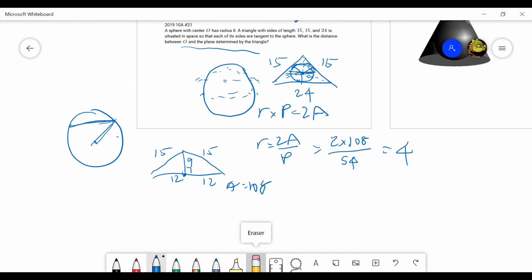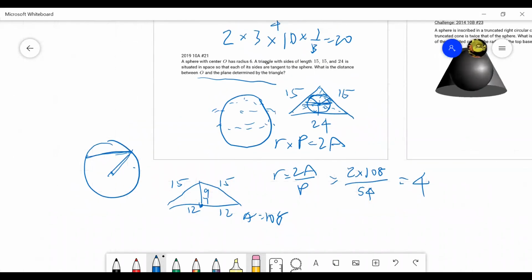we have the radius of this sphere is 6. And we also know that this diameter is going to be 8, since the radius is 4. And notice that this is going to be the perpendicular bisector of the chord, because if we connect it to both endpoints, it's isosceles.